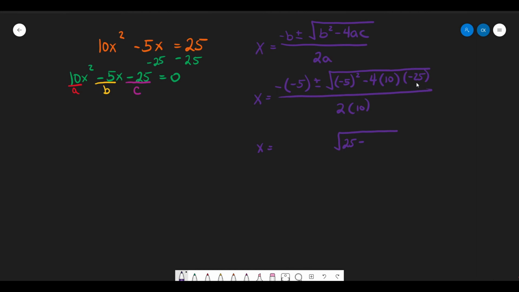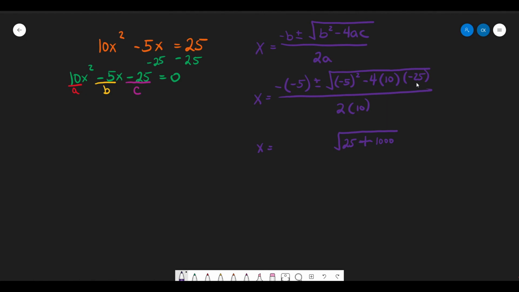So I have minus negative 1,000. But remember, minus a negative, we need to change to be plus. Minus negative changes to plus.